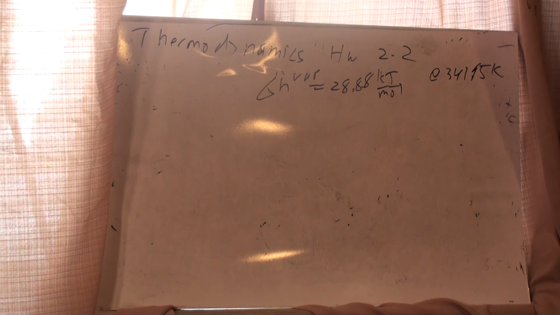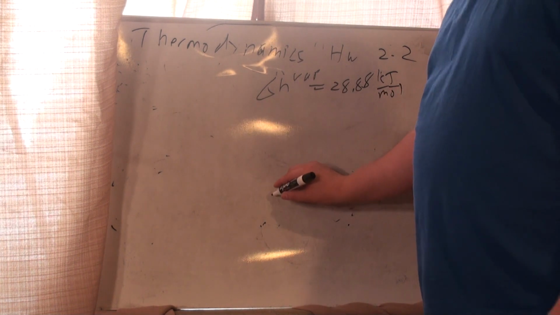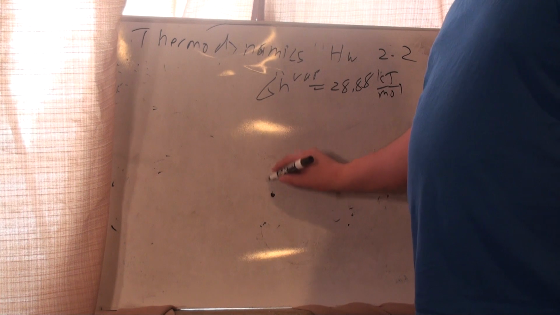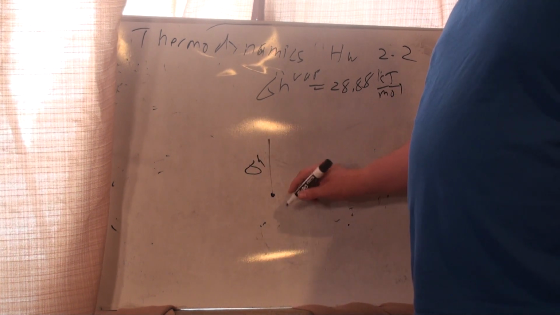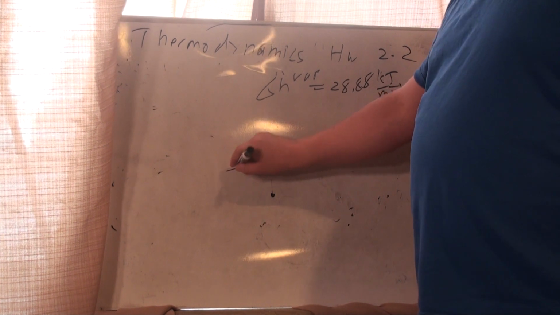Okay, and so we've got delta H, and we're going to be basically going through a pathway. We're going to talk about pathways a lot more when we get into departure functions, but I think we mentioned it. So what we're going to basically do is say, okay, I'm going to heat this up, there's some temperature difference here.